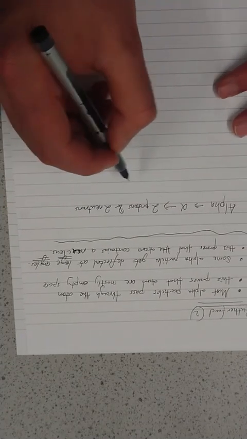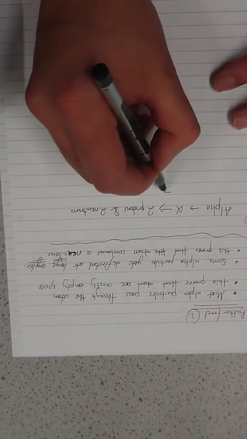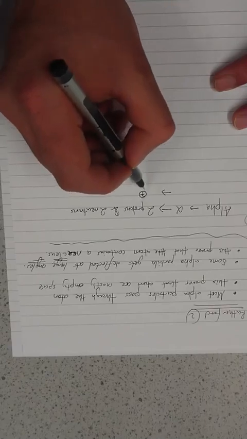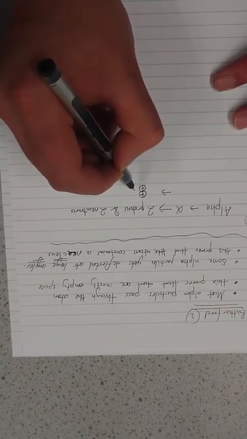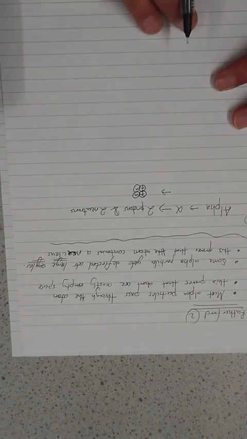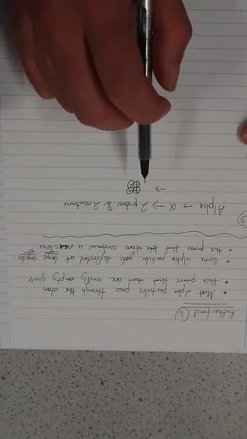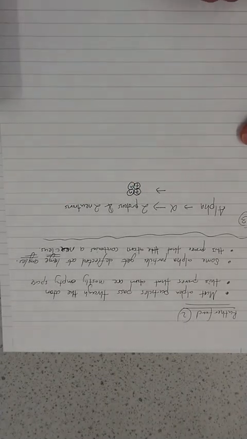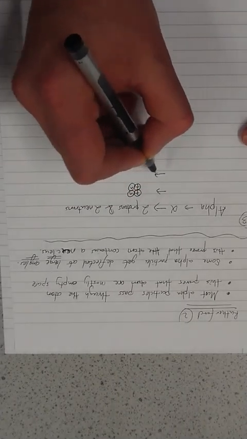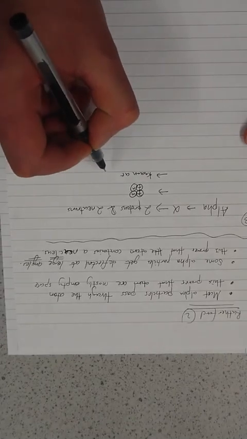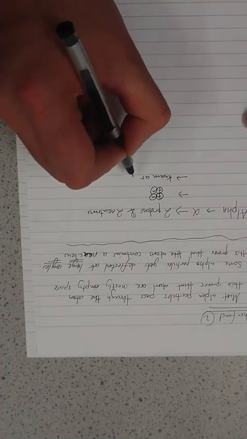If I draw it, it looks like 2 positive protons and 2 neutrons. Now which element from your periodic table has 2 protons and 2 neutrons? This is also known as a helium nucleus.